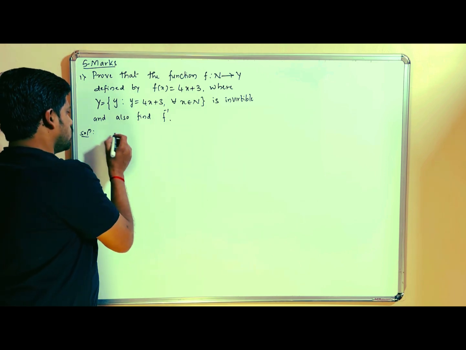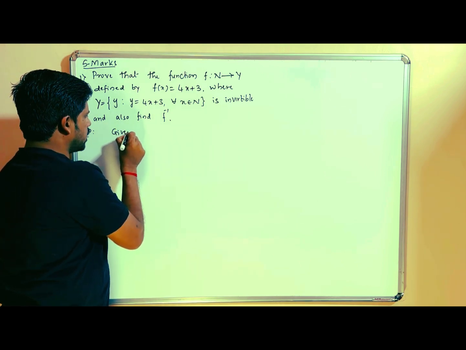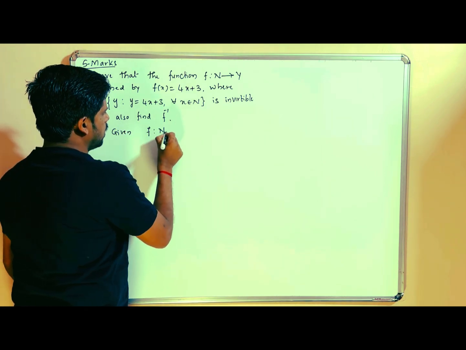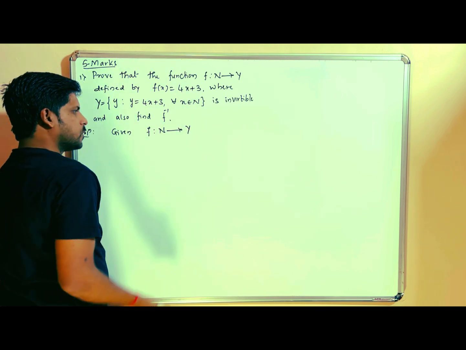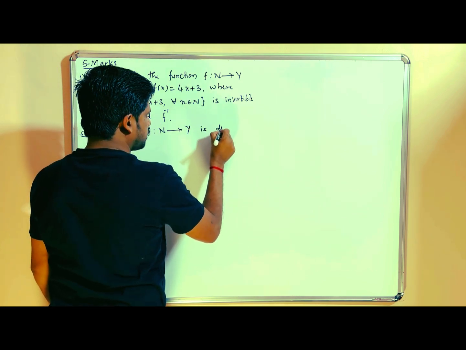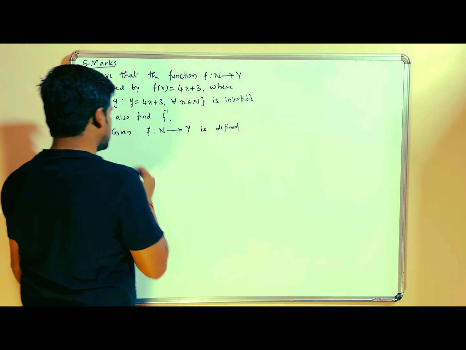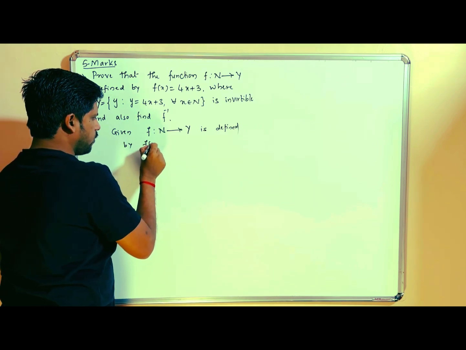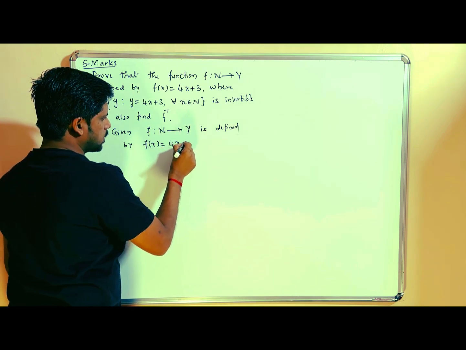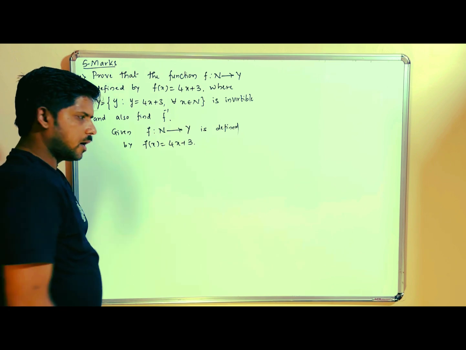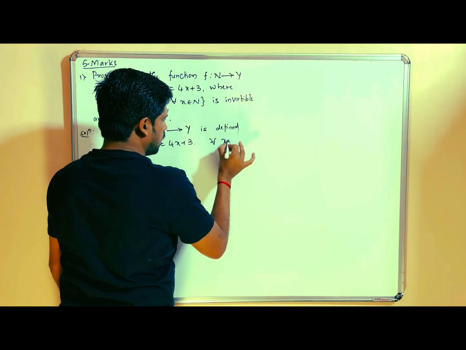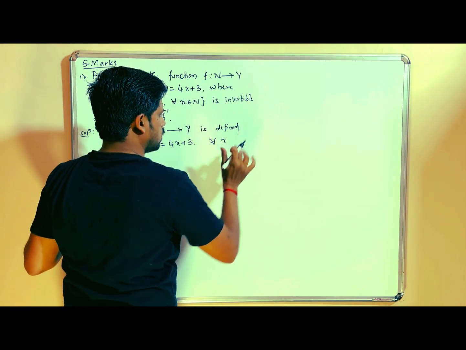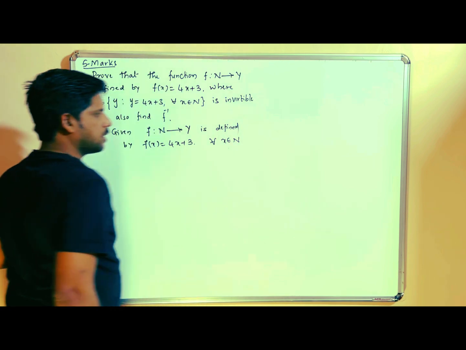Okay, so here the given function is f from N to Y defined by f of x is equal to 4x plus 3, for all x belongs to N, right?